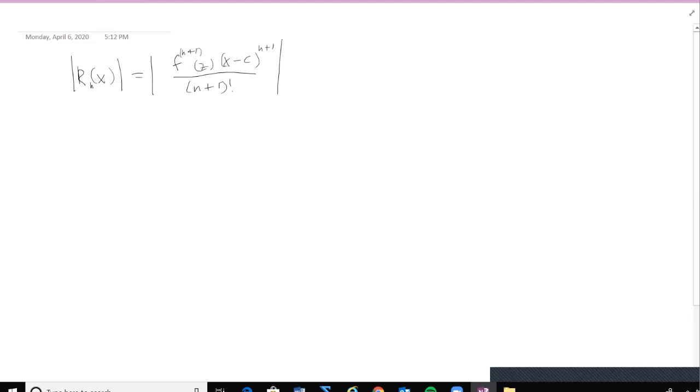That's what Taylor's theorem told us a couple sections back. Now we're going to put a bound on this.